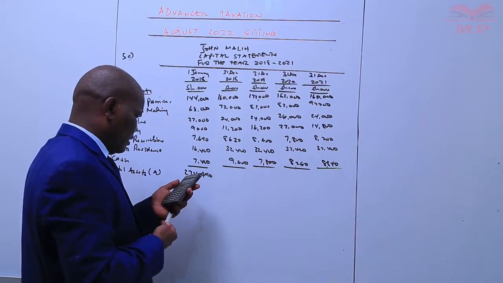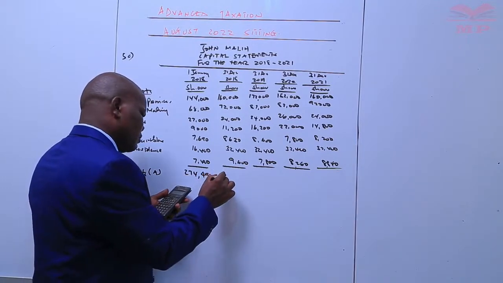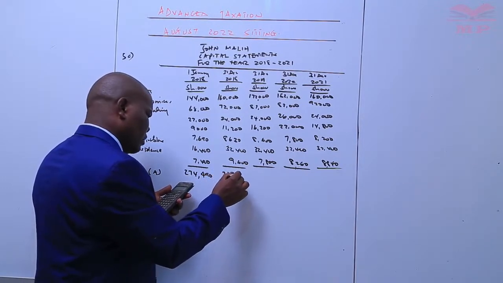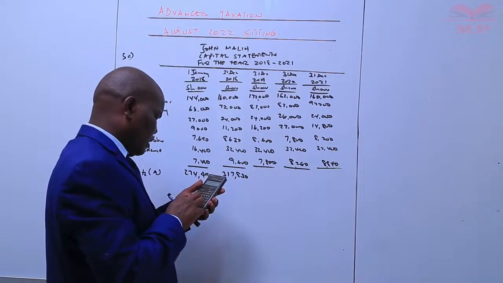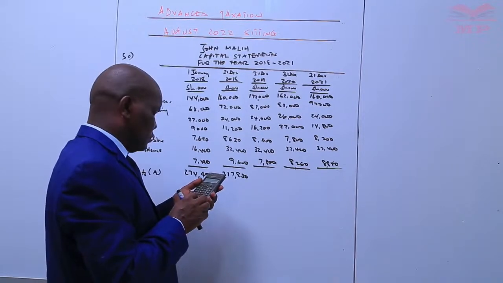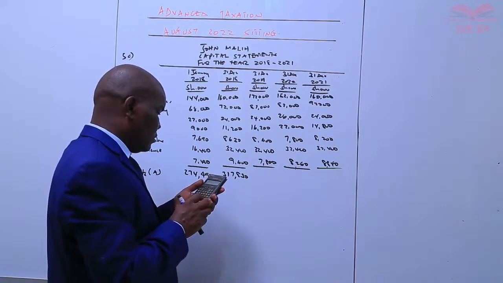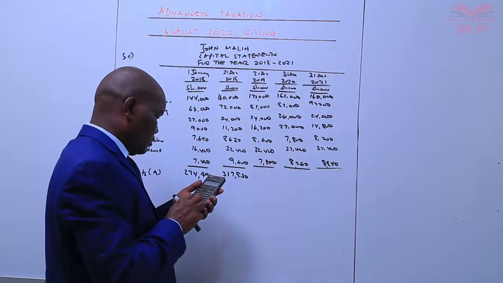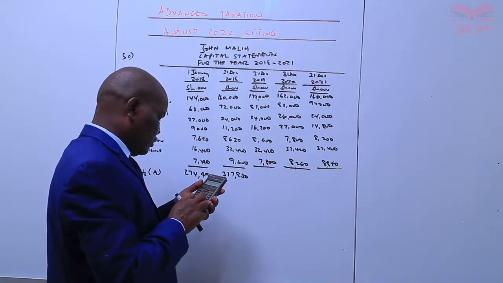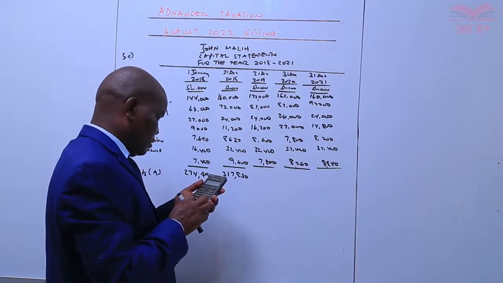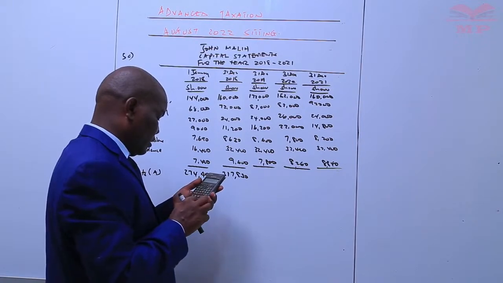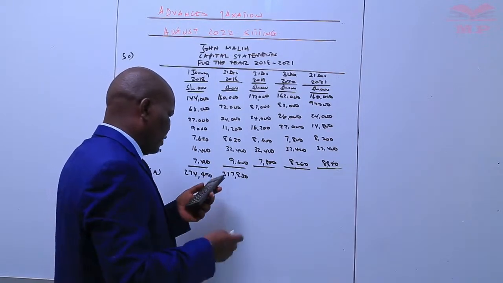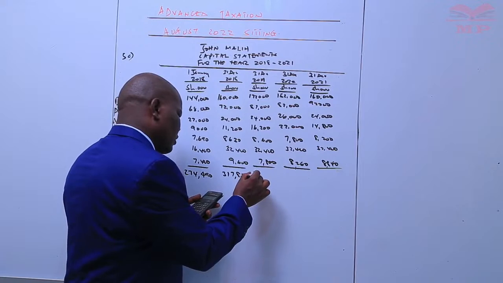I'm getting 317,830. 2019: 172, 87, 24, 16,200, 8,600, 32,400 and 7,800. I'm getting 348,000.